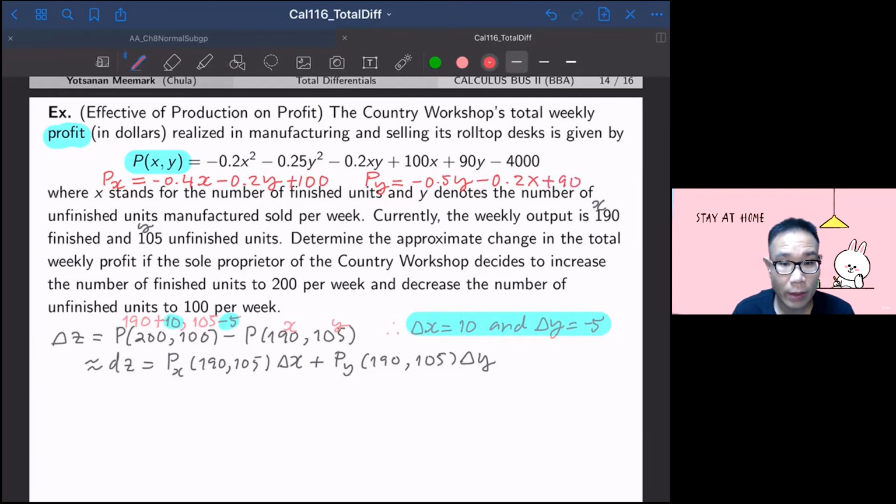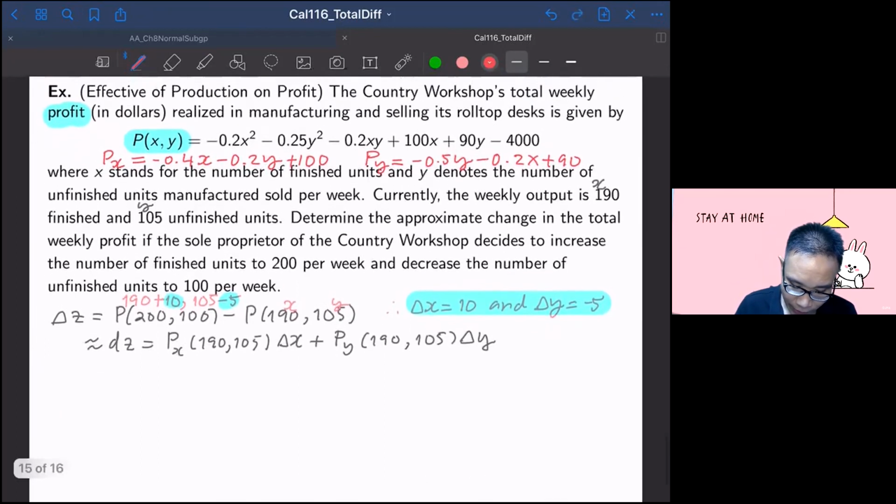So that's my Px and Py. Let me use, oh, I have plenty of space down here.